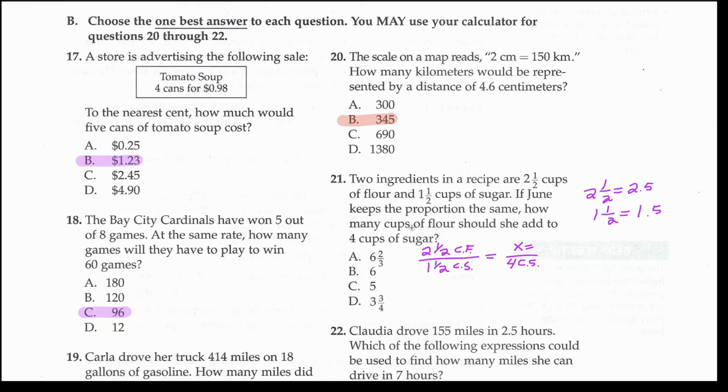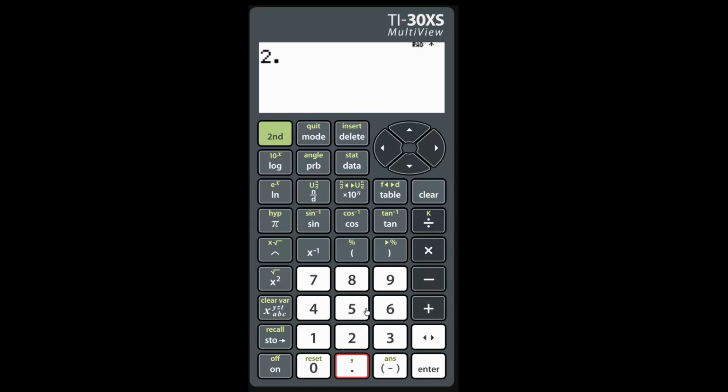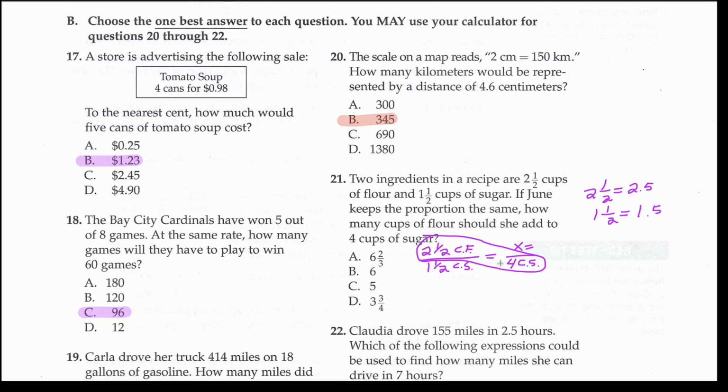So what we are going to do is multiply the 2.5 times 4. 2.5 times 4 equals 10.